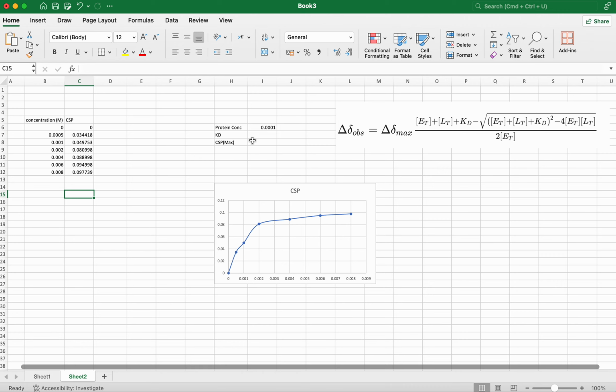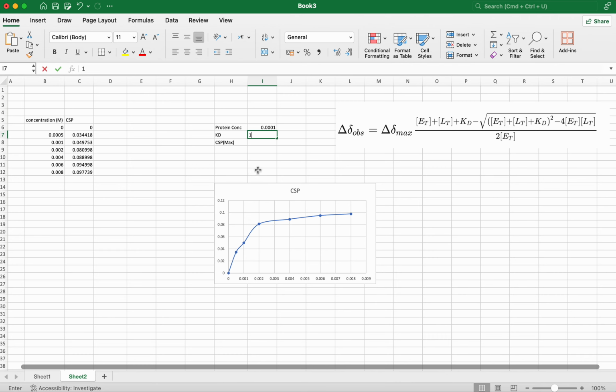Before fitting the KD, we have to calculate the theoretical change in chemical shifts by using the same formula. To calculate the chemical shifts you can use protein concentration, ligand concentration, and KD.